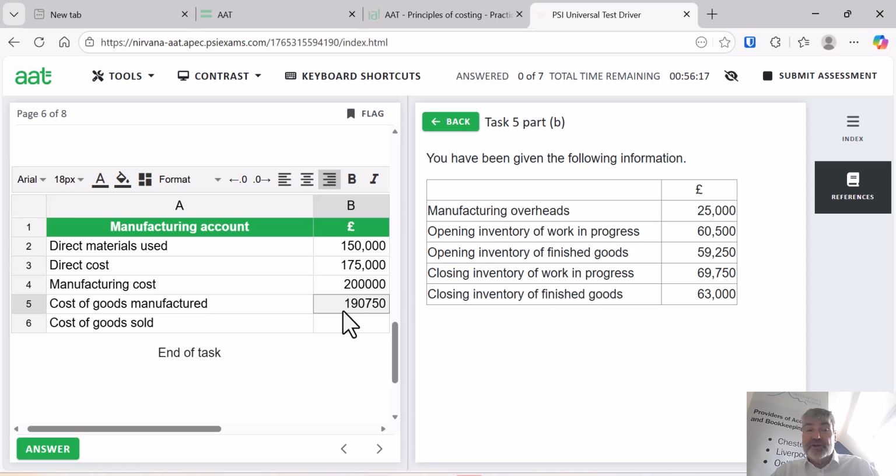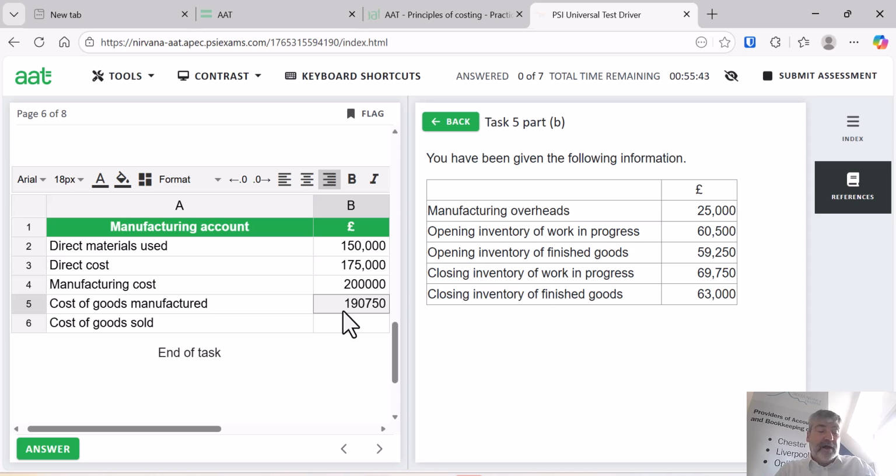They would have joined any existing finished goods, so all of that amount of product is available to be sold. But if we then deduct the value for the goods that are left in the warehouse at the end of the period, the closing inventory value of finished goods, that must give us the figure for the cost of goods sold.